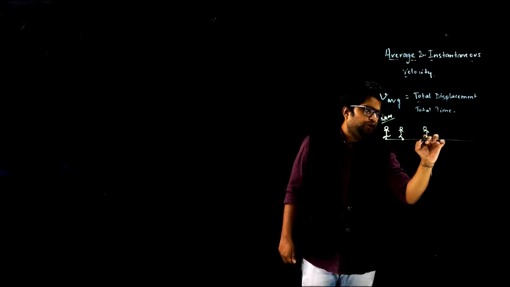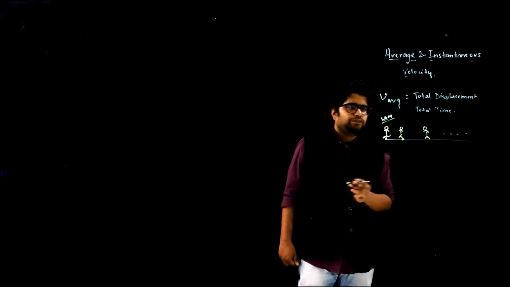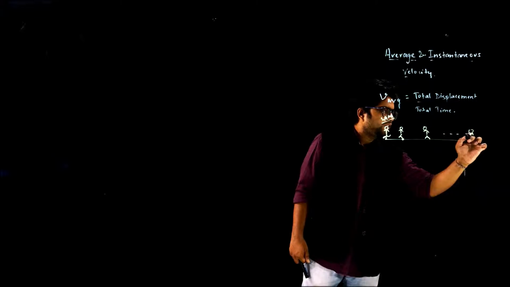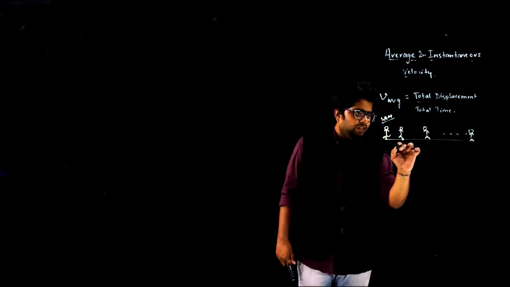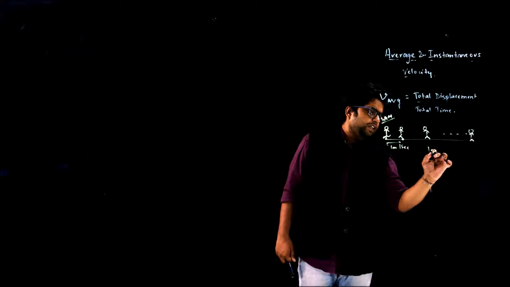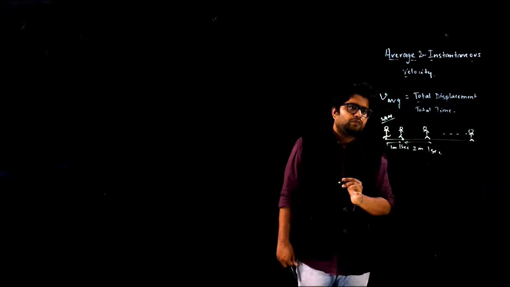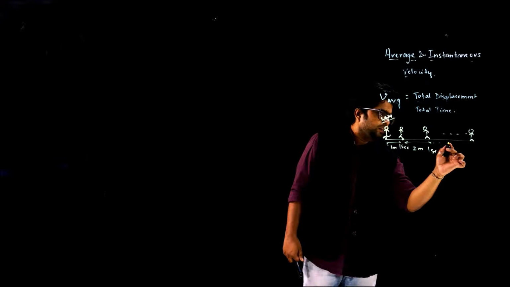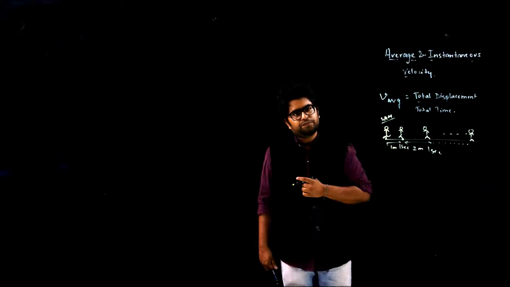Then when I'm observing it after 2 seconds, Sam is there, and so on. And finally, Sam is at this position. So at 1 second, Sam was here and covered 1 meter. Again after 1 second, Sam was here. He covered, let's say, 2 meters. Then consecutively, he covered 1 meter and finally reached the final point.